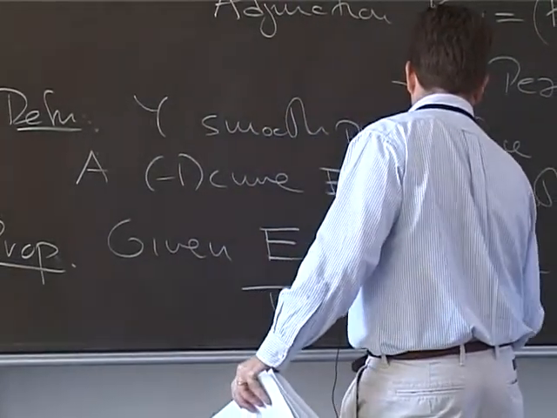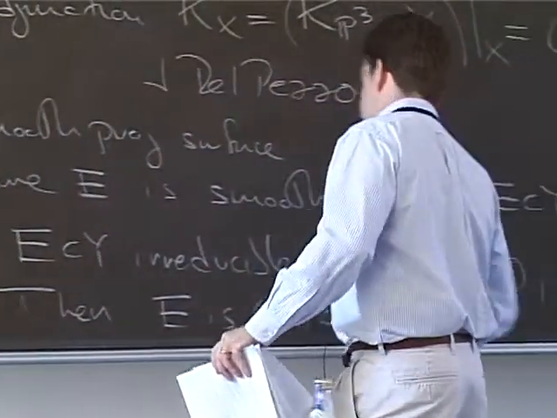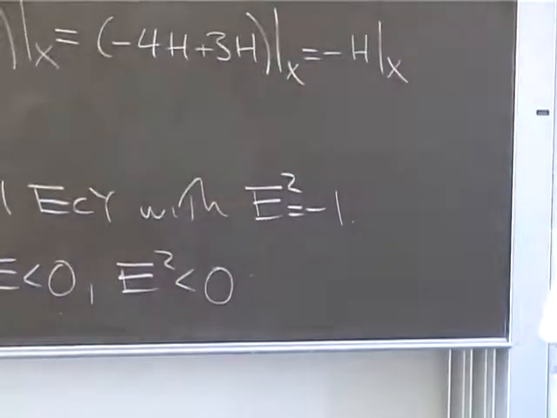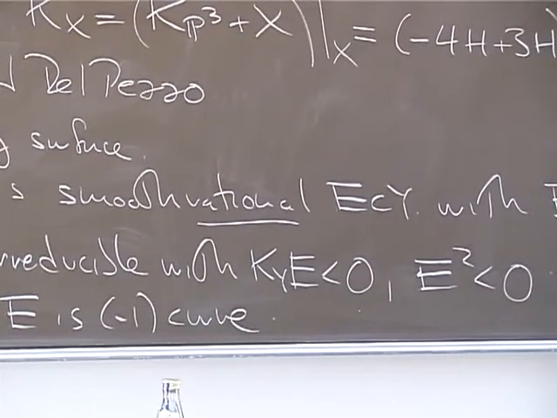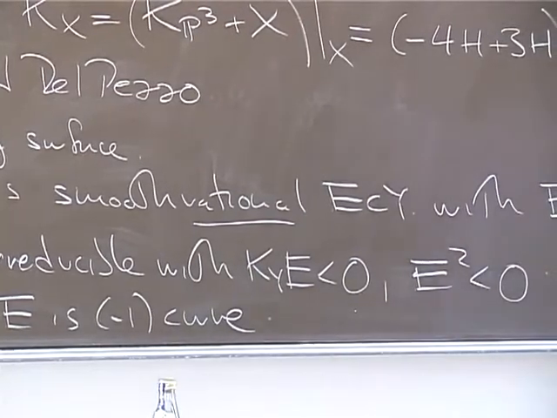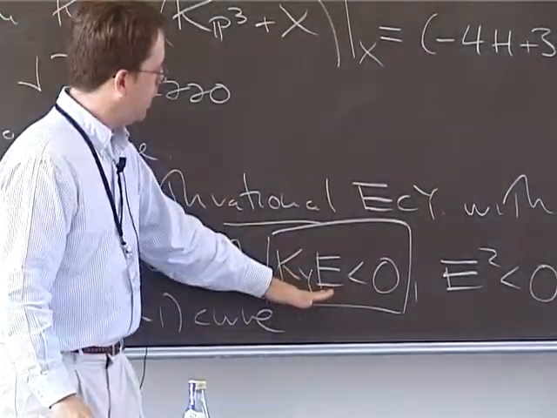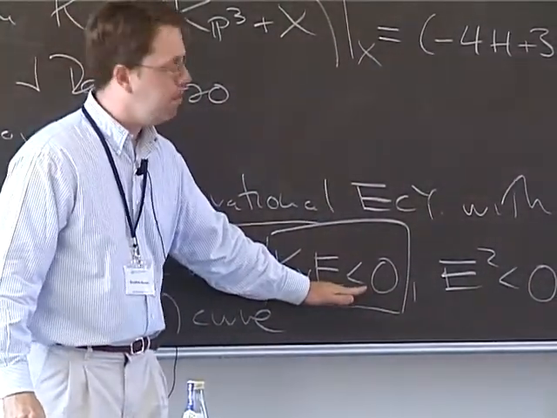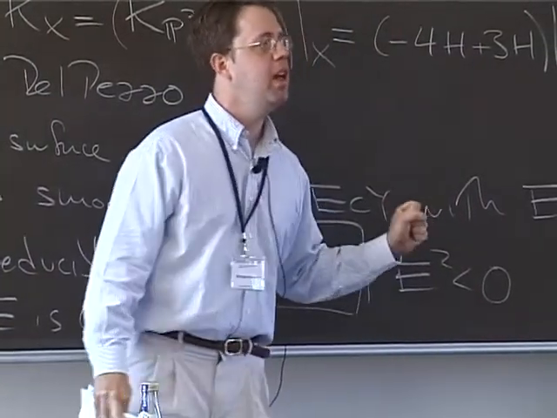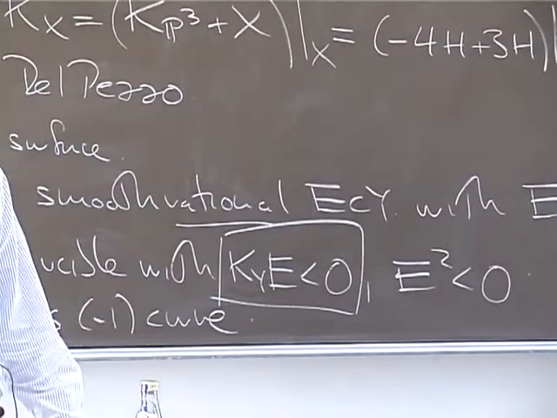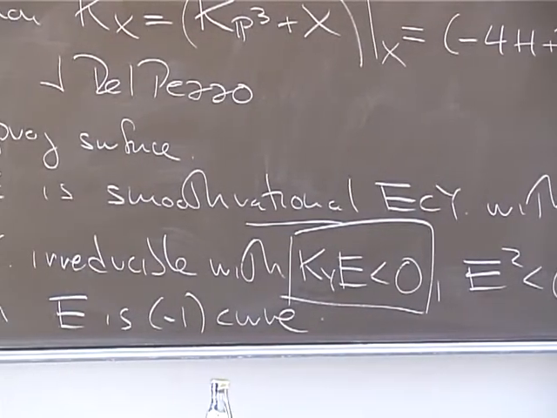Then E is a minus 1 curve. And in fact, this is probably the better way to think about minus 1 curves. It's important to see that they have the property that the canonical class is negative along them, and they have negative self-intersection. This is probably the right way to define them, at least from a functional standpoint.